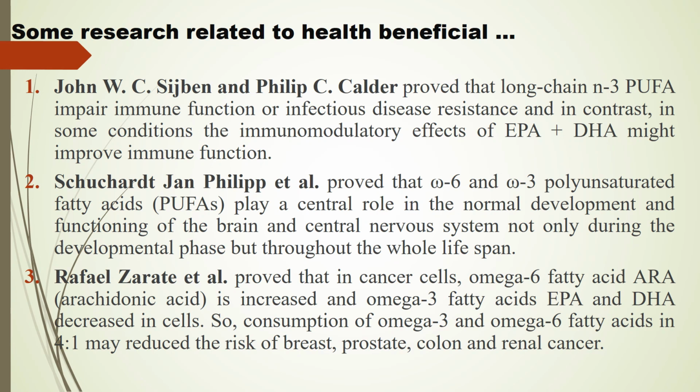Raphael et al. proved that in cancer cells, arachidonic acid is increased and omega-3 fatty acids like EPA and DHA are decreased. So consuming omega-6 and omega-3 fatty acids in a 4:1 ratio may reduce the risk of breast, prostate, colorectal and renal cancer in humans.